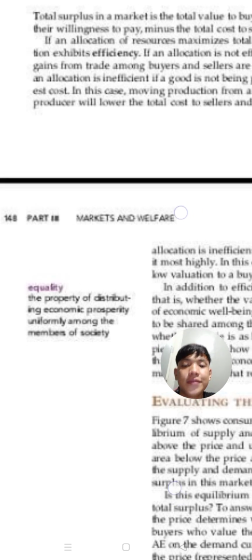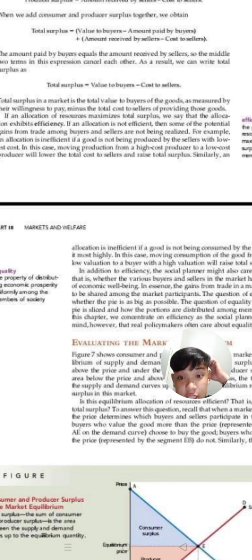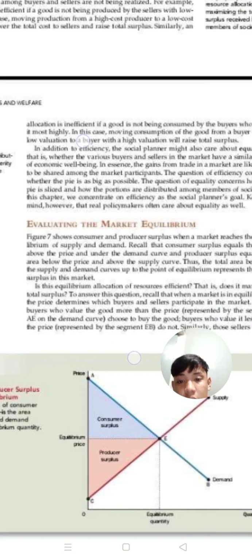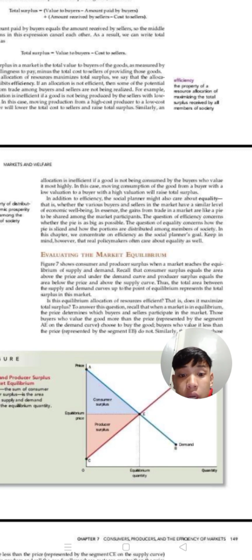And let's proceed to evaluating market equilibrium. Figure 7 shows consumer and producer surplus when a market reaches the equilibrium of supply and demand, in the middle of your demand and your supply.